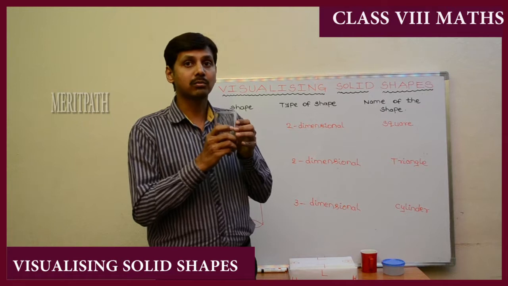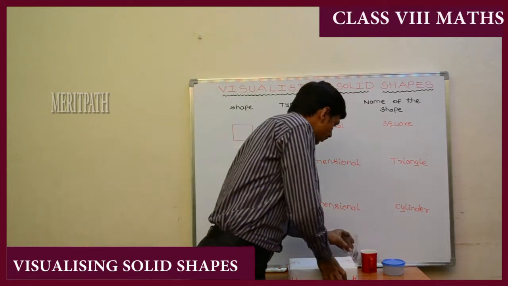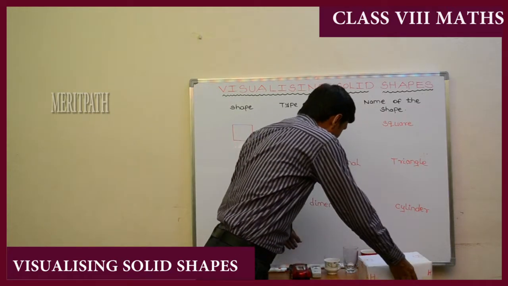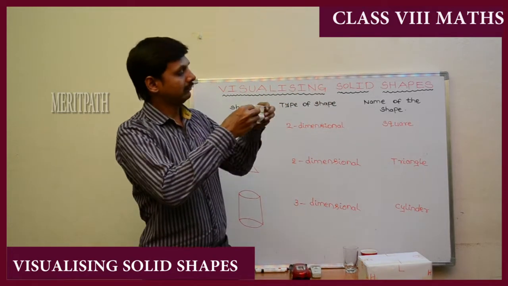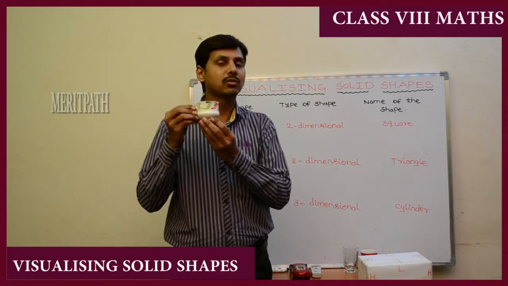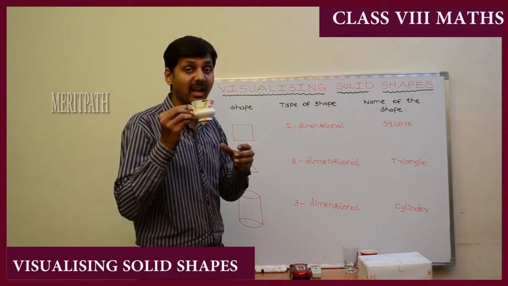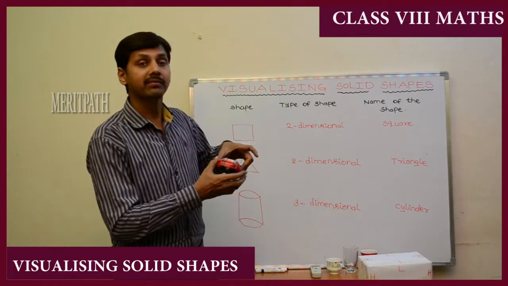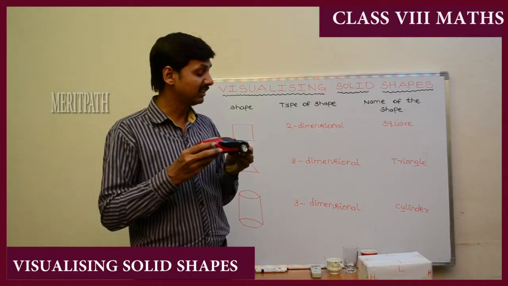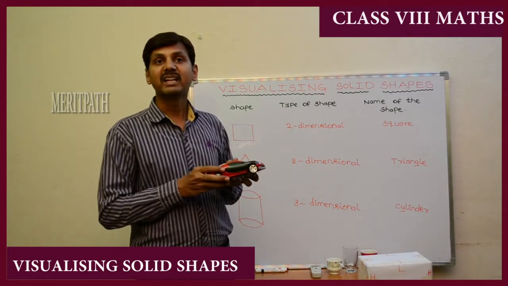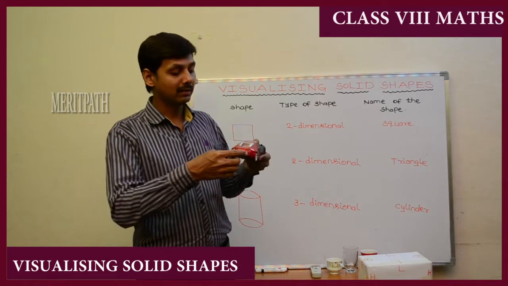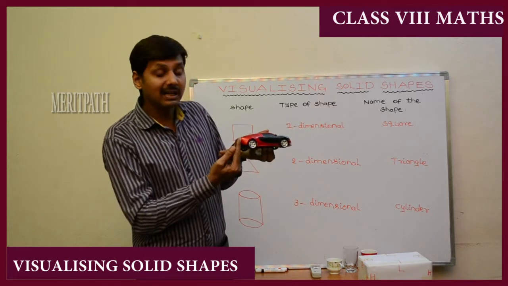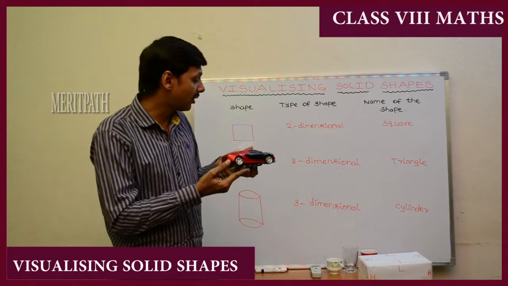So this is also a three-dimensional solid. And let's take this cup. This is also a three-dimensional solid. And when we take a toy car, this is also in the shape of three dimensions. It has length, breadth and height. So we call it a three-dimensional solid.